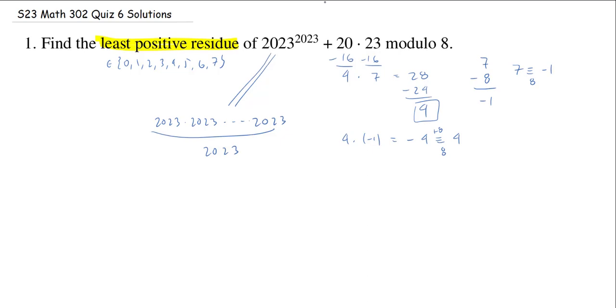So I just need to reduce 2023 modulo 8. I'll tell you the way I did it, but you might find a lot of other approaches yourself. The first thing I noticed was that 8 times 5 was equal to 40. And then 40 times 5 was equal to 200. You might say, why didn't you just multiply 8 by 25 in the first place?